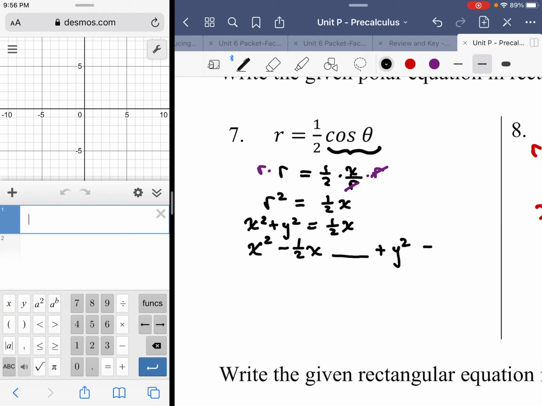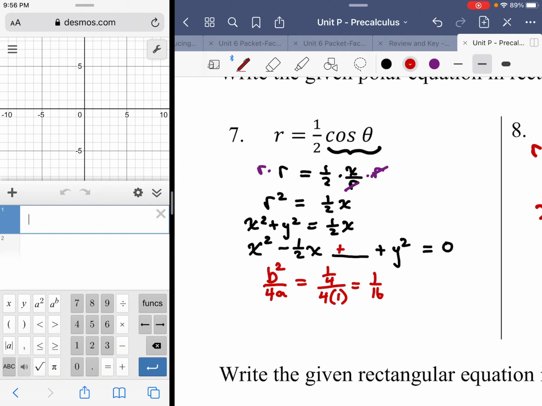I'm going to use a good old formula, b squared over 4a, to allow me to complete the square. So my b value is negative 1/2, so it's going to make 1/4 over 4 times 1. So 1/4 divided by 4 is the same as 1/4 times 1/4, which is 1/16.